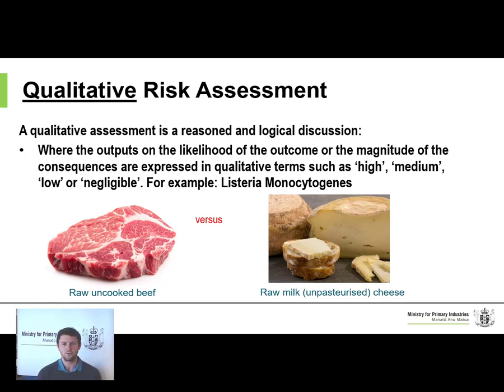For example, where you've got a piece of steak that you know is going to be cooked on the barbecue, or even uncooked beef where you know it's going to be used for mincemeat and burger patties and going to be thoroughly cooked, the likelihood of having Listeria monocytogenes or the consequence of it entering and spreading through the population is going to be incredibly low. Also largely because Listeria monocytogenes is a very ubiquitous organism. In other words, it is pretty much everywhere. There is not a single country in the world that does not have it, and so controls are already reasonably adequate.